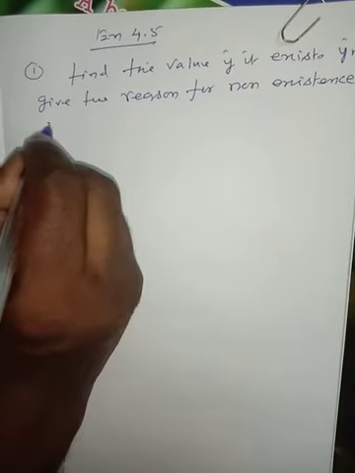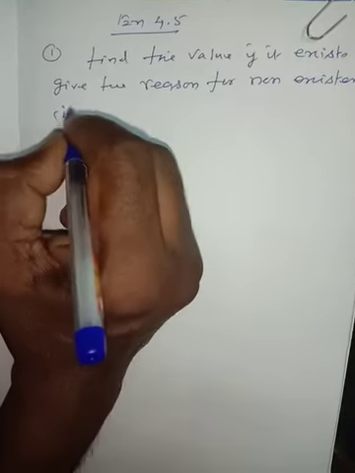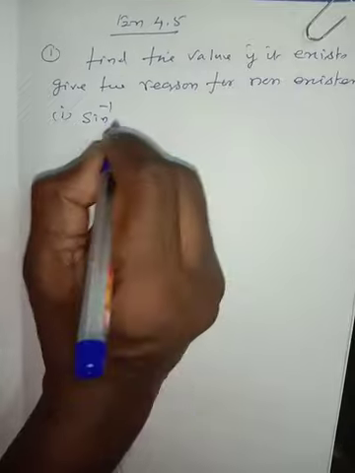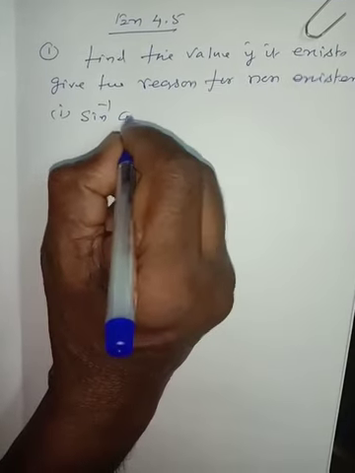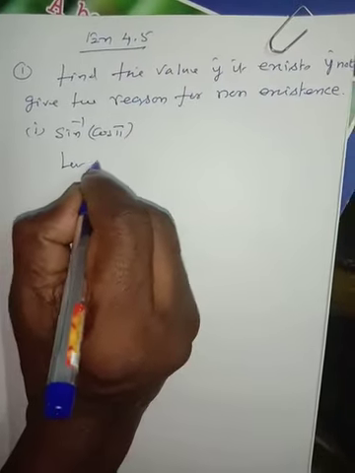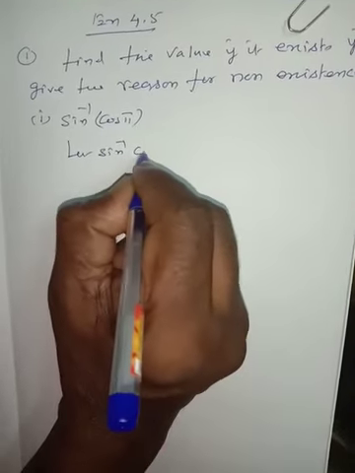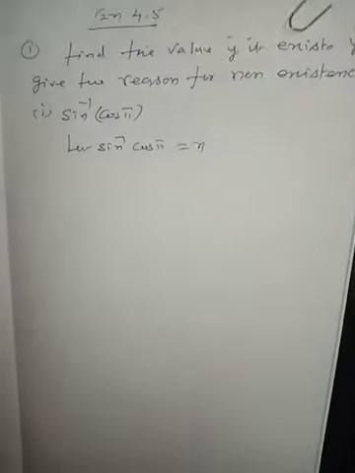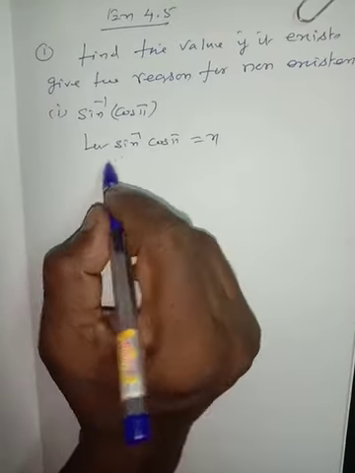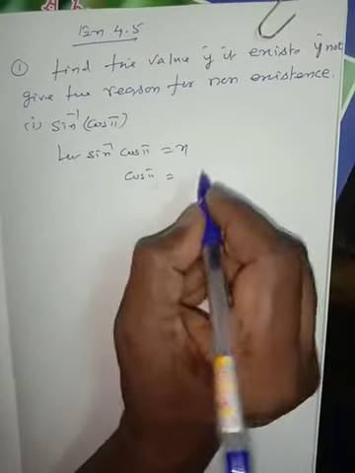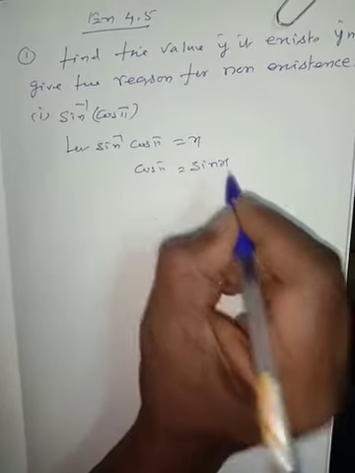Sum number 1, solution number 1. Sin inverse of cos pi. Let sin inverse of cos pi is equal to x. Taking sin on both sides, cos pi is equal to sin x.